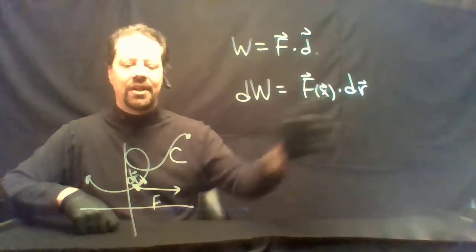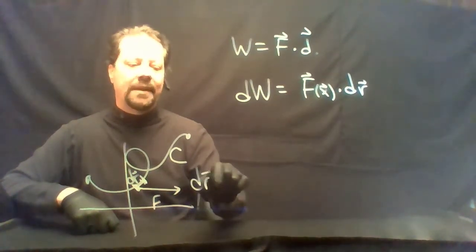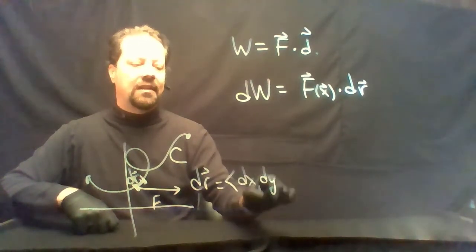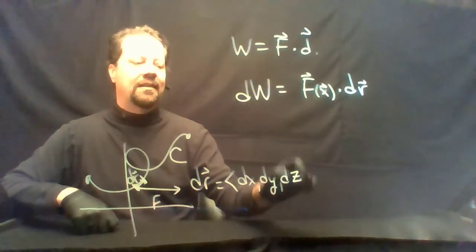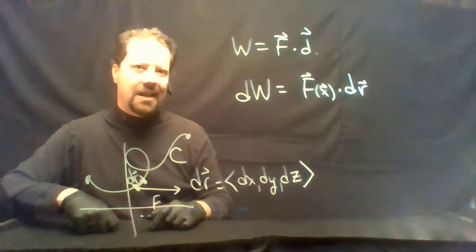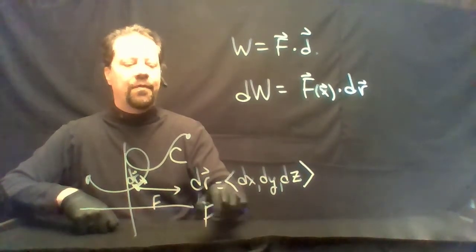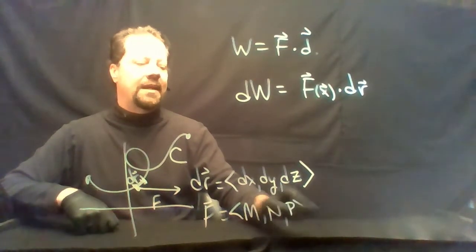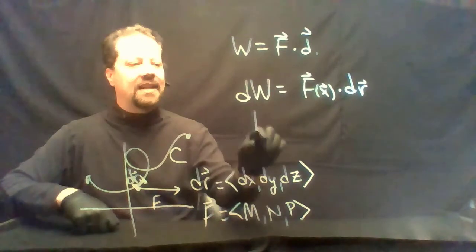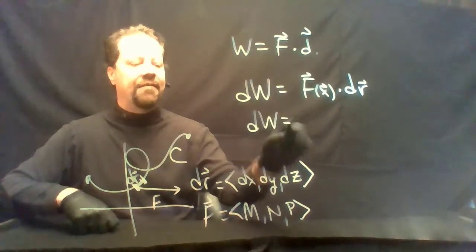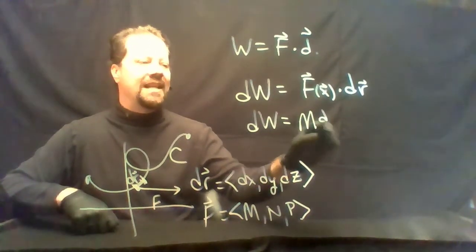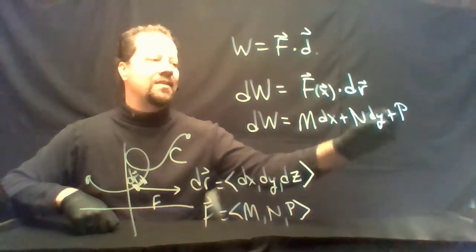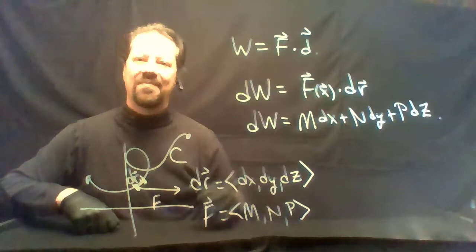The little change in r is always equal to a little change in x, a little change in y, and a little change in z. If the force F has components m, n, p, then this little tiny element of work will have the form m dx plus n dy plus p dz.